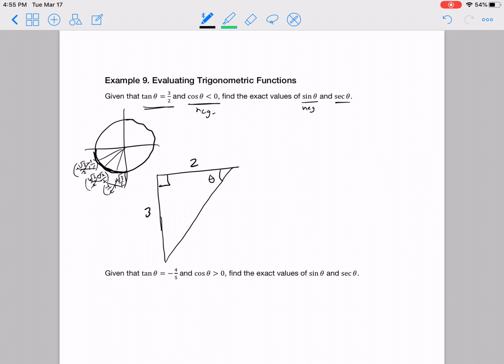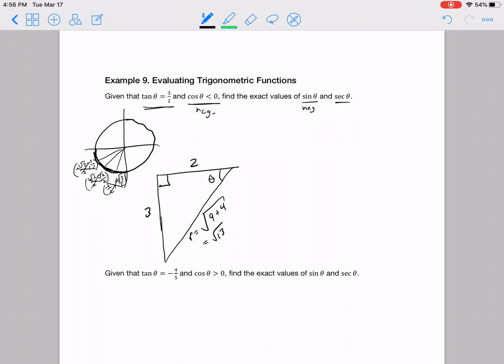If that is the case, we can use the distance formula or the Pythagorean theorem here. 3 squared plus 2 squared has to equal our r squared, so our hypotenuse here, or our radius here, is going to be the square root of 3 squared, 9, plus 2 squared, 4. So this is going to be square root of 13.